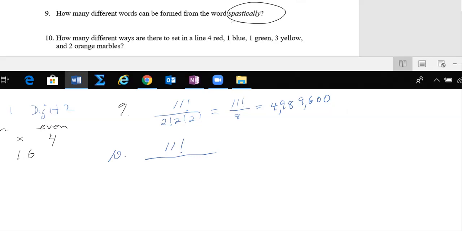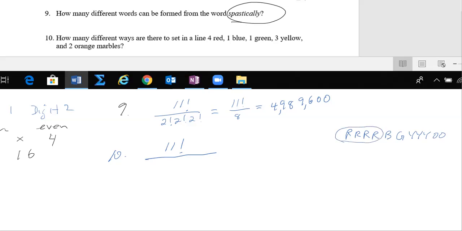tell the difference. When you line up, let's say you have red, red, red, red, and then you have one blue, and then you have a green, and then you have 3 yellow, yellow, yellow, yellow, and then you have 2 oranges at the end. Nobody can tell the difference when you start rearranging these.